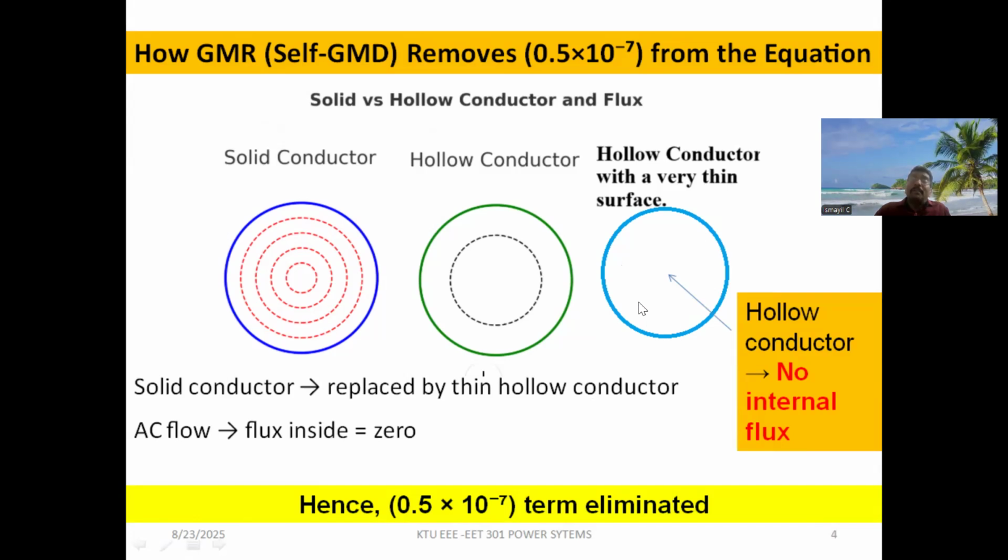Since there is no current, there is no internal flux; the internal flux inside this conductor will be equal to 0. Hence there is no magnetic flux linkage and no inductance associated with the inner portion of the conductor in the transmission line. So we can simply eliminate 0.5 into 10 raised to minus 7.